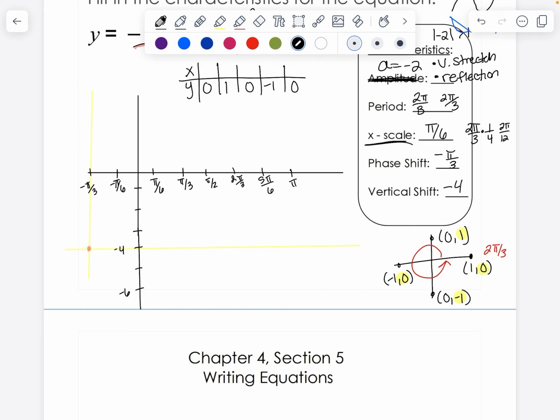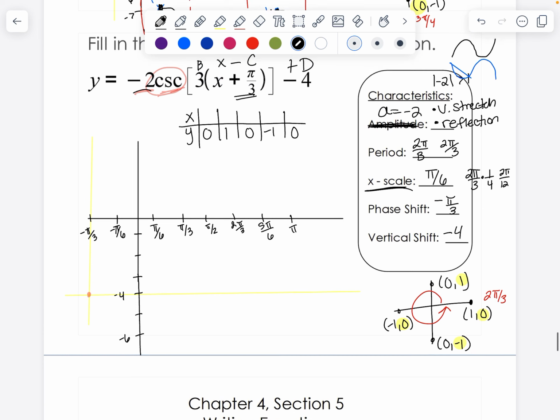Okay, that's my sine pattern. And then I have a -2a value, so I have to multiply all these y values by -2. And then I'm going to graph, this is going to be my sine curve, and I'm going to start at -pi over 3, and then -pi over 6, because that's my horizontal shift, then 0, then pi over 6, then pi over 3.